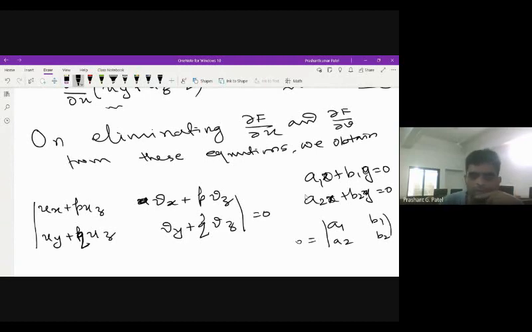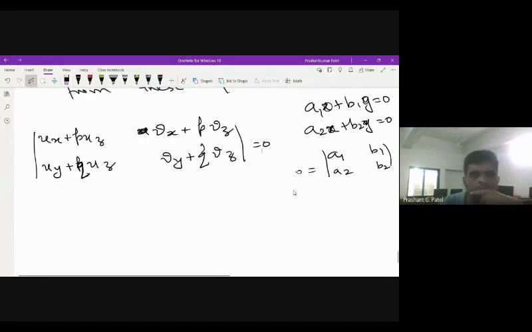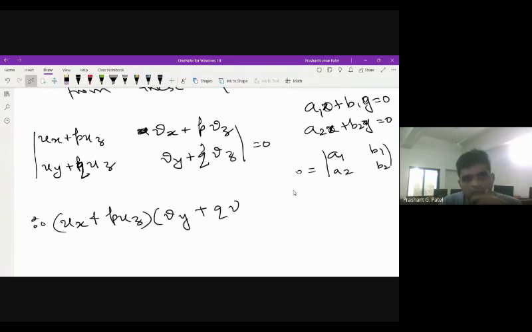To simplify this, you can open this determinant, and you will have ux plus p uz into vy plus q vz minus vx plus p vz into uy plus q uz equal to 0.